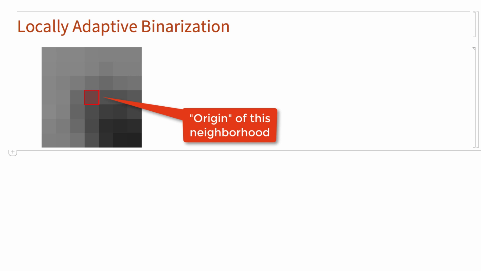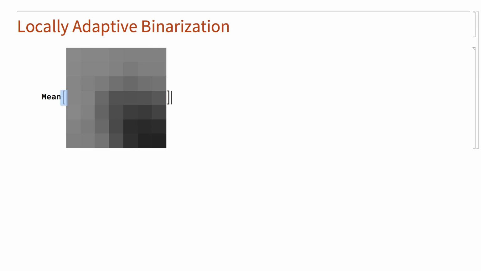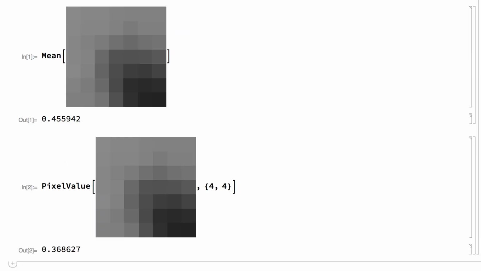One reasonable choice for the threshold is to simply use the mean of the pixel values in this neighborhood. The pixel value for the origin pixel in this example happens to be slightly smaller than the mean, so the original pixel would be replaced by black, which makes sense since that pixel is slightly darker than most of the other pixels in this neighborhood.